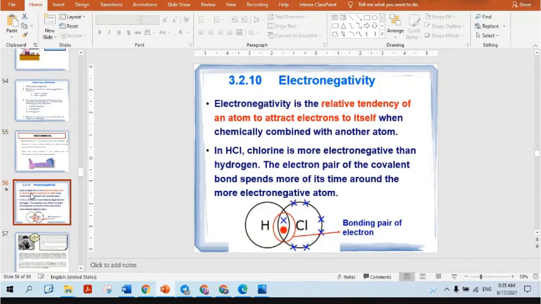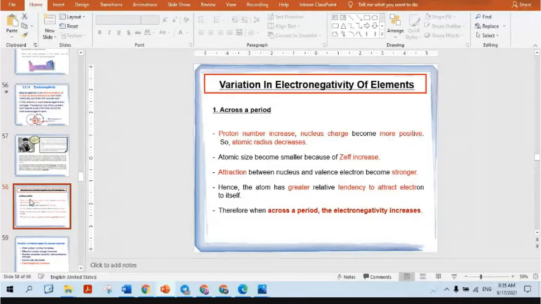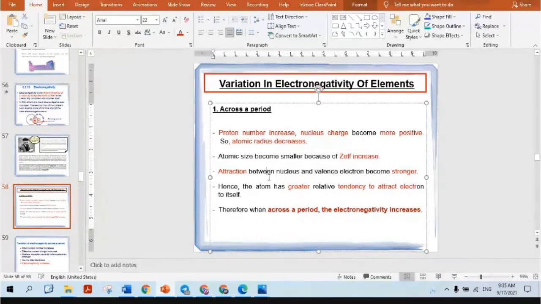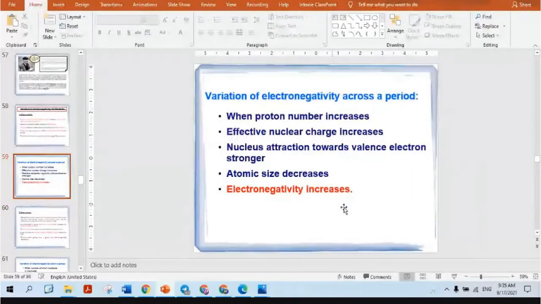Across the period, because here using valence electron, attraction between the nucleus and the valence electron becomes stronger. So the atom has greater relative tendency to attract electron to itself. Yes, based on your lecture notes right here, both can be used.